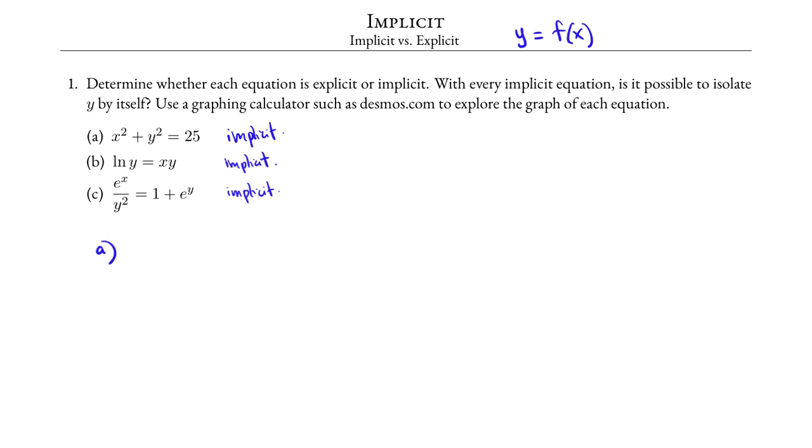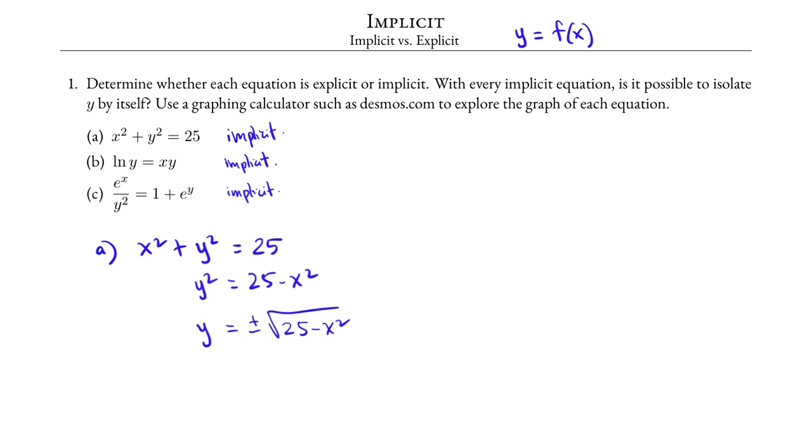For part A, with x squared plus y squared equals 25, the question is now, can we isolate y? And the answer is yes. y squared equals 25 minus x squared, and so y equals plus or minus the square root of 25 minus x squared.